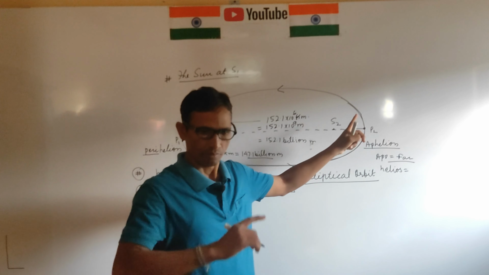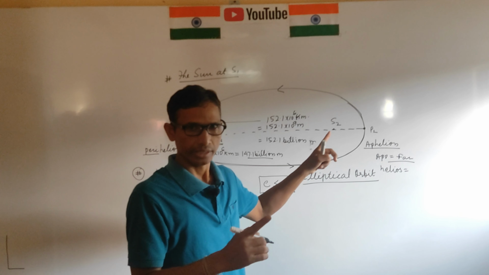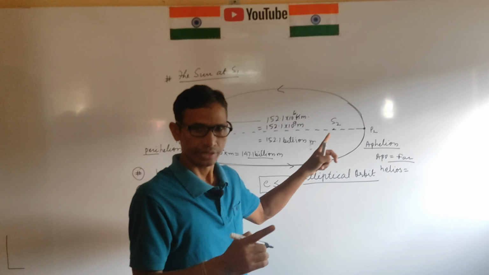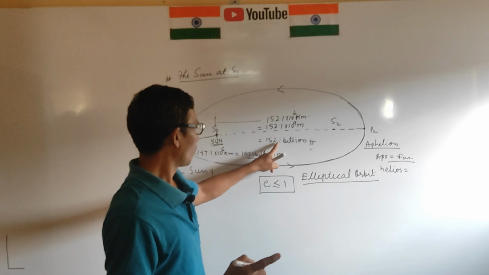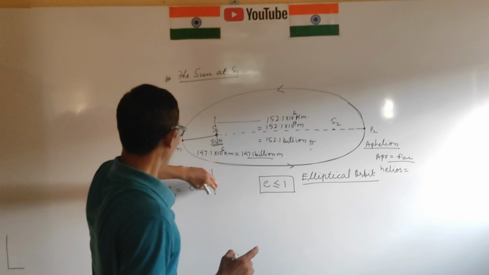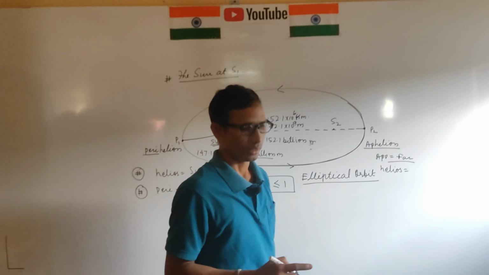P2 is the farthest point from the sun, called aphelion, and its distance is 152.1 billion meters. This region is called perihelion and this region is called aphelion.